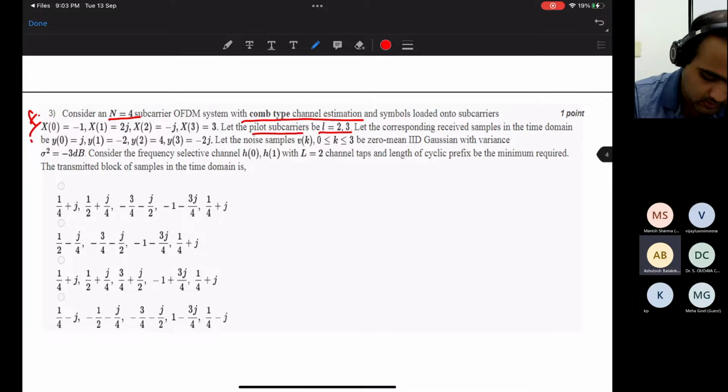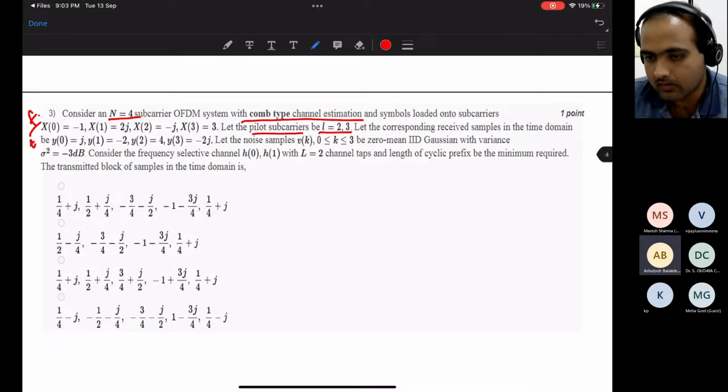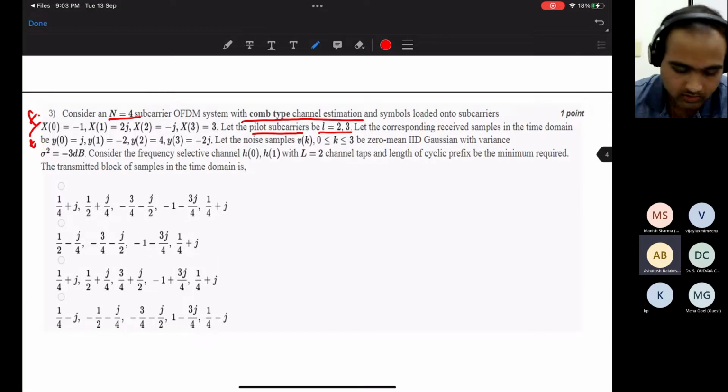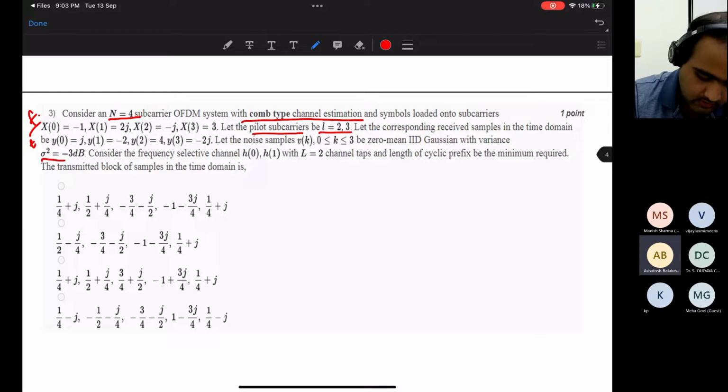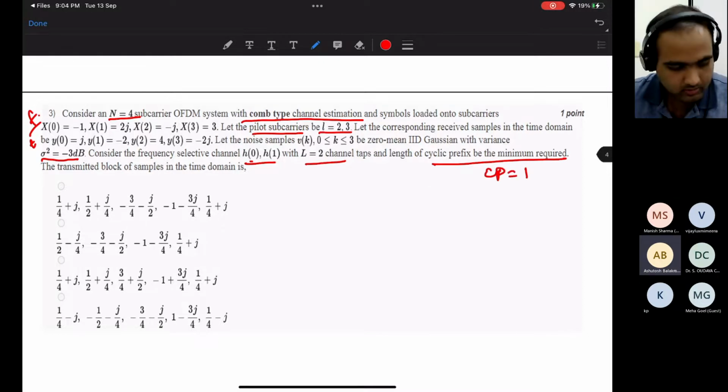So the received symbols are given in time domain, the transmitted symbols are given in frequency domain as in the question. And we are given that at each subcarrier we have a variance of -3 dB, and consider the frequency selective channel H0, H1, L is 2, and the length of cyclic prefix is the minimum required, that is 1. So cyclic prefix is 1. And what is the transmitted block?